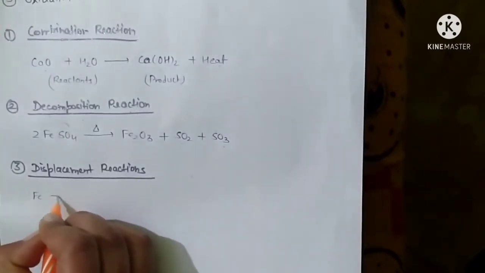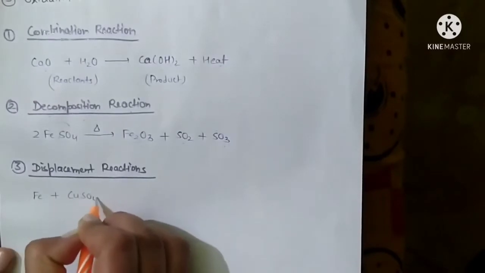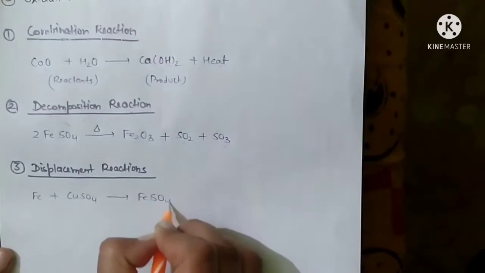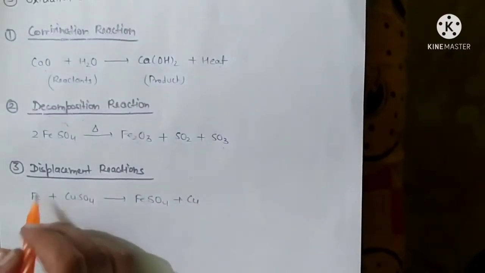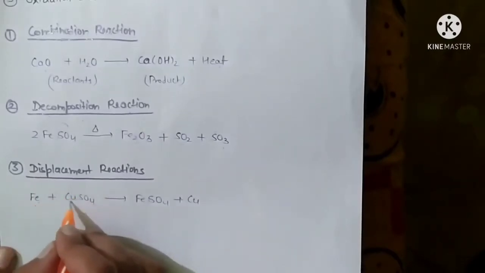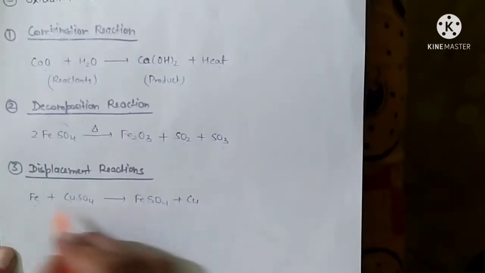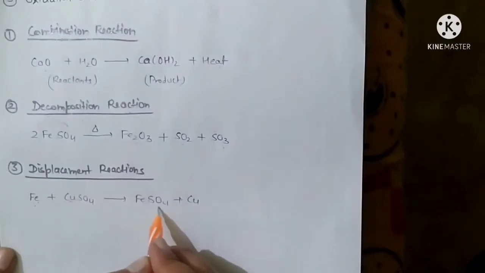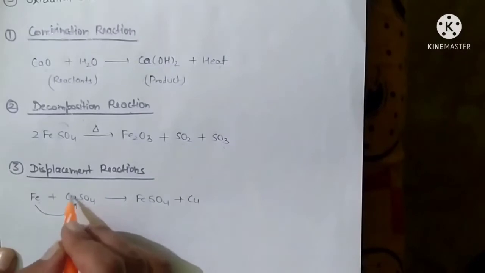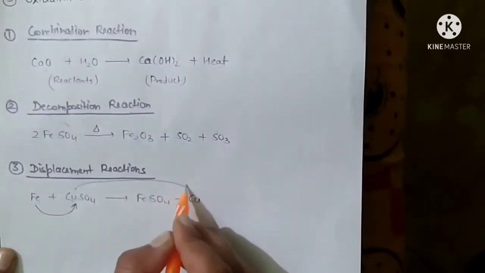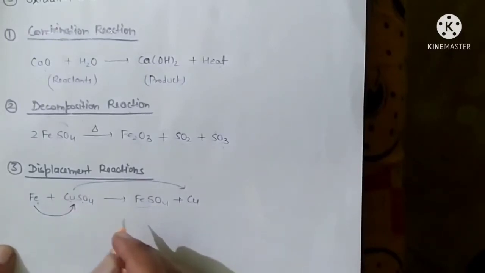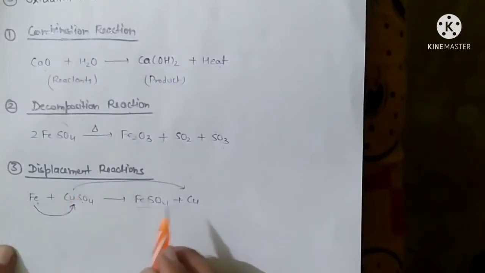Example, iron plus copper sulfate gives ferrous sulfate plus copper. Here iron is more reactive than copper, so iron displaces copper from copper sulfate and forms iron sulfate. So this is the example of displacement reaction.